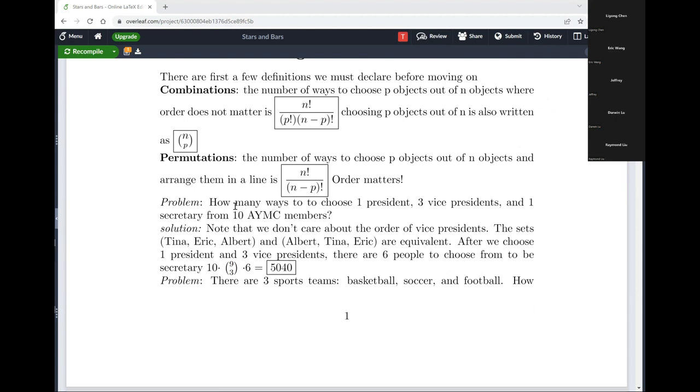Here's a problem. How many ways to choose 1 president, 3 vice presidents, and 1 secretary from 10 AYMC members? So here's the solution. Note that we don't really care about the order of the vice presidents, because we're just choosing.